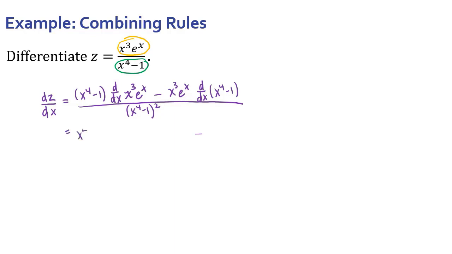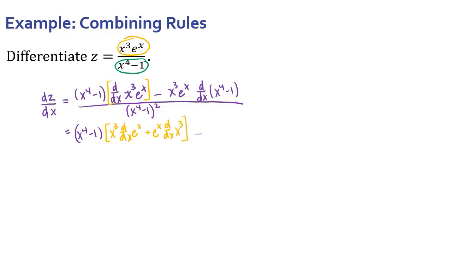So I get x to the 4th minus 1. Okay, so to figure out this, that's the derivative of two functions getting multiplied together. So I'm going to have to use the product rule here. To differentiate those, that's going to be the first function times the derivative of the second plus the second times the derivative of the first.